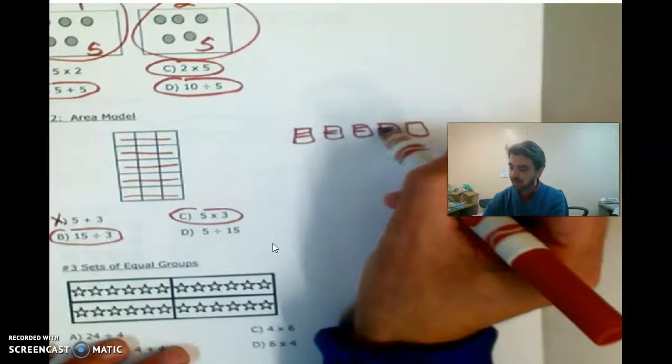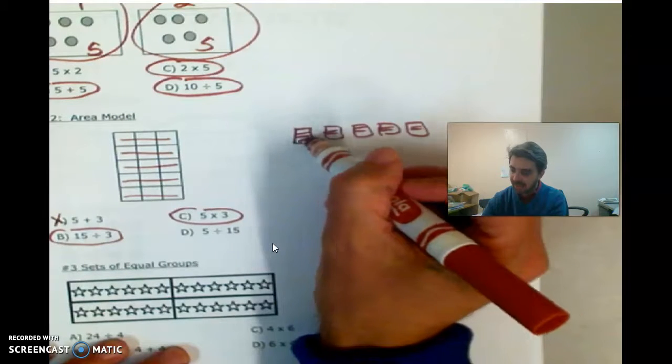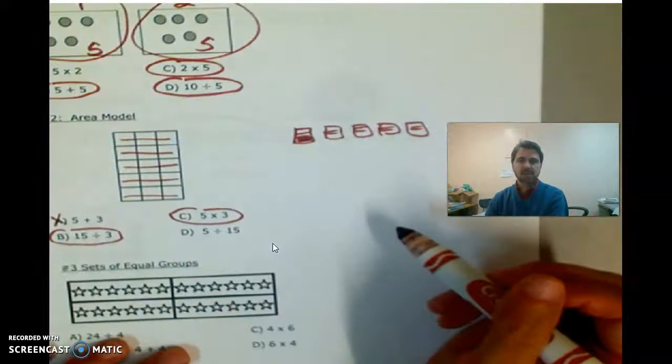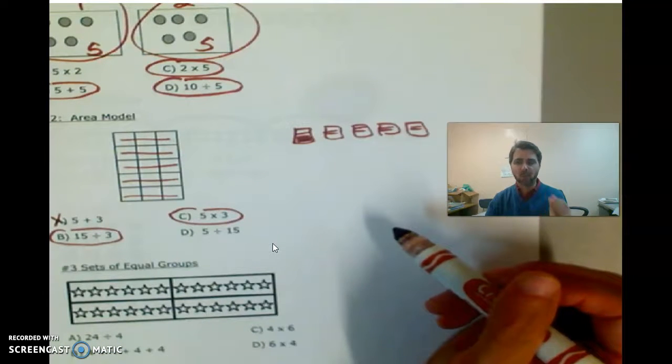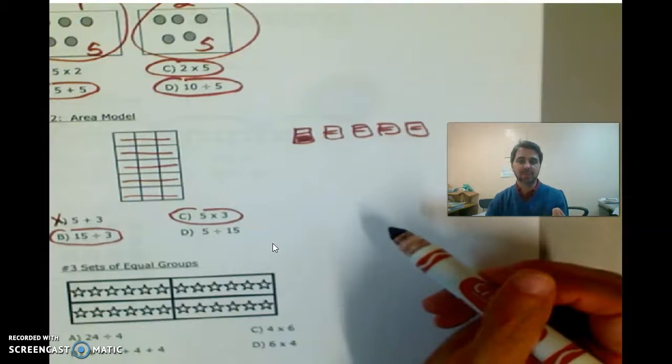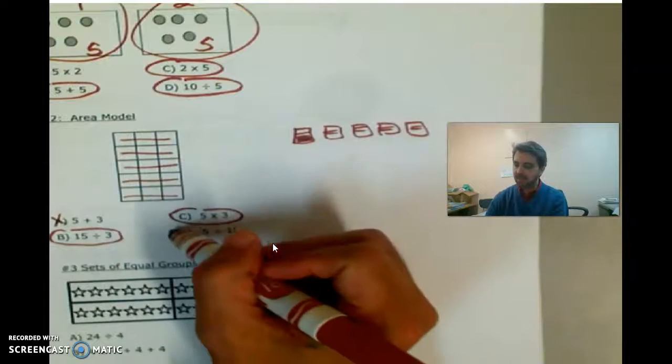They're going to be like, let's see, 3, 6, 9, 12. That's later, boys and girls, when you get into 4th grade and you're doing fractions and division. So no, this does not show 5 divided by 15. So that does not work.